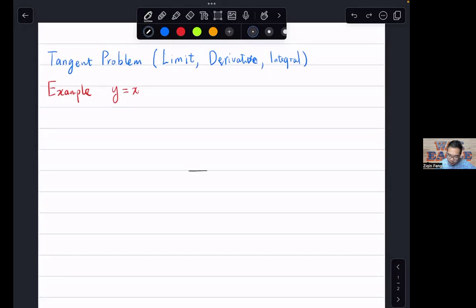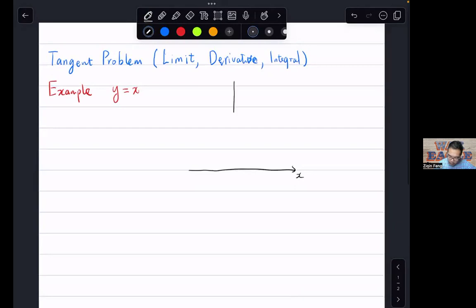This is our x axis, this is our y axis. You can plug in all the x values and y values which satisfy y equal to x squared. If x is 0, y is 0, x is 1, y is 1, x is 2, y is 4. Just plug in all the x values into our function and we get all the y values.